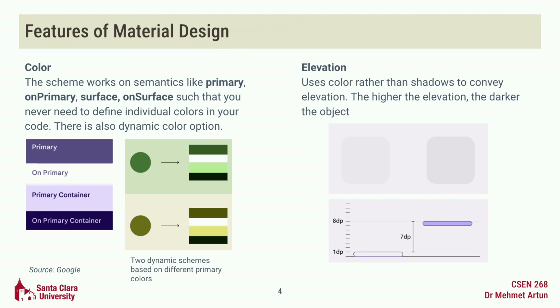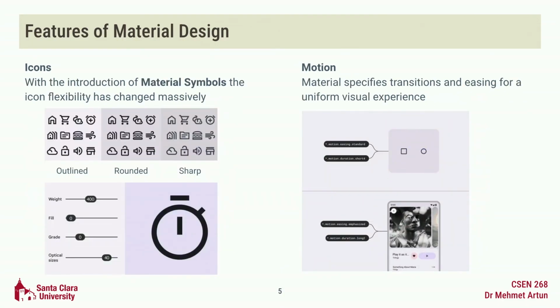And if it's elevated, it's a little bit darker than the background, but not that much. You have slight differences. That's how you give elevation, but not with drop shadows. Okay. So these concepts you should memorize: elevation, color, and then icons.